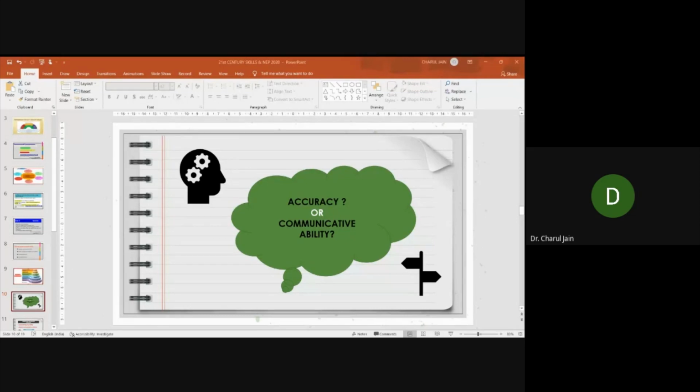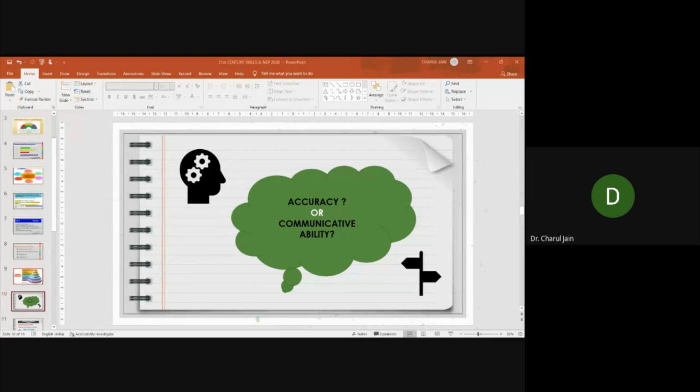But what should be given preference? If you have to sacrifice one for the other, what would you sacrifice? Would you sacrifice communicative ability for accuracy or vice versa? That is the question we have to think about as language teachers.